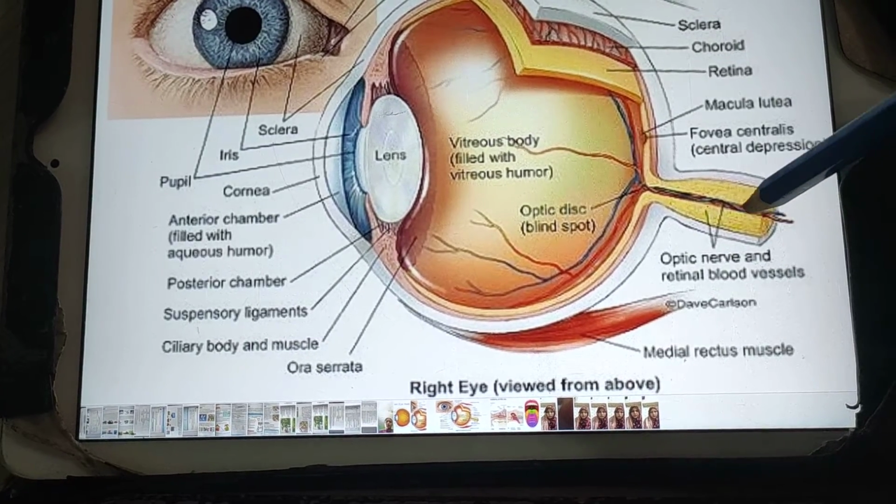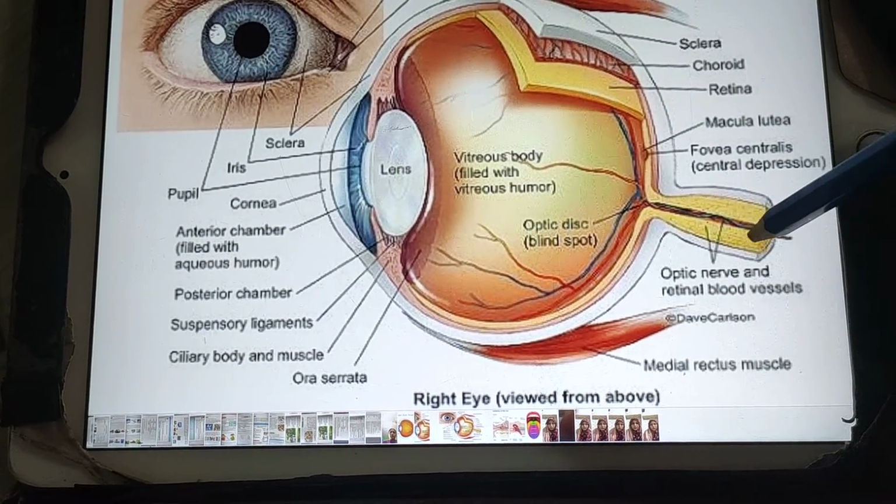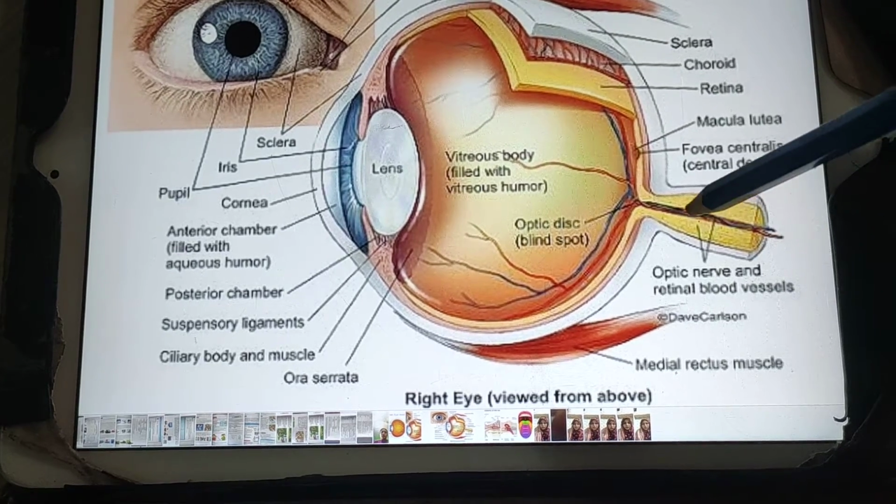Here are some optic nerves in the retina. This yellow part is the retina and these are the optic nerves.